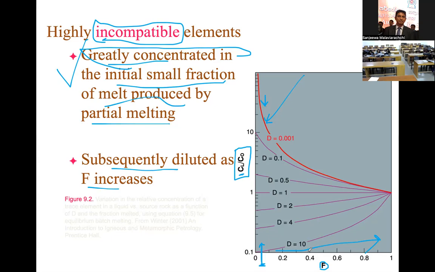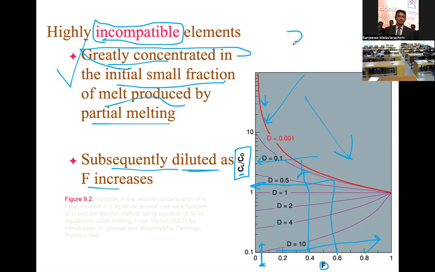If 0.4, here you have this amount of concentration. For 0.6, you will see this amount of concentration. So it is gradually decreasing. That means it is gradually or subsequently diluted as F increases.